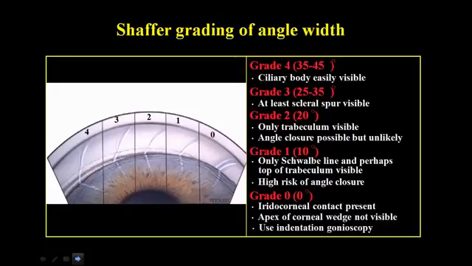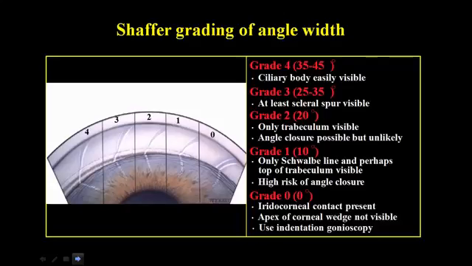So there are many grading methods available for measurement of anterior chamber angle width. The most widely used is Shaffer's grading method. Now in this method we can grade the angle from grade 0 to grade 4. Grade 0 means that there is iridocorneal contact. When we say it's grade 1, it means that we can only see the Schwalbe's line.